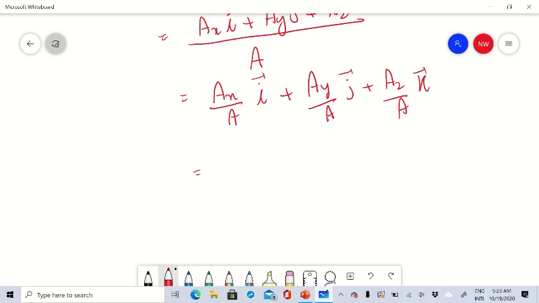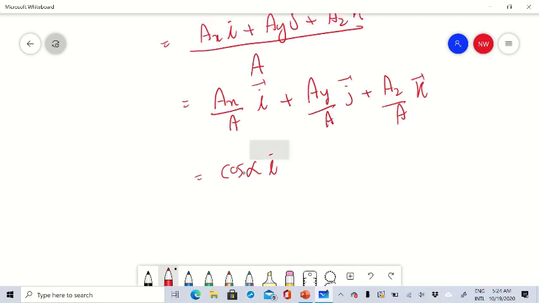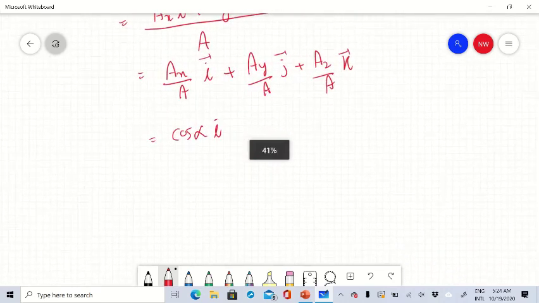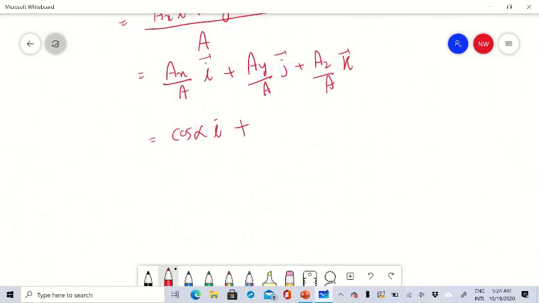direction cosines, or coordinate direction angles, we learned that cos alpha is equal to AX over A. So this is cos alpha, which means the angle between the tail of the vector A and the positive x direction. Then AY over A is cos beta times j.